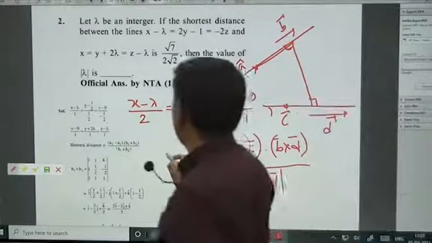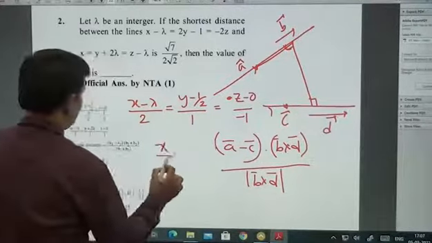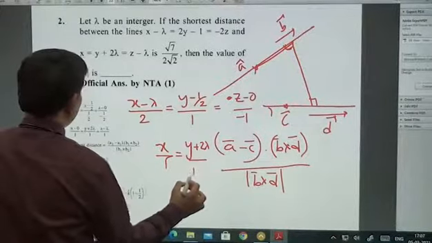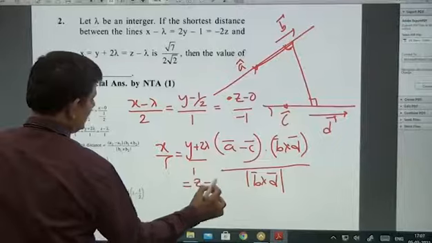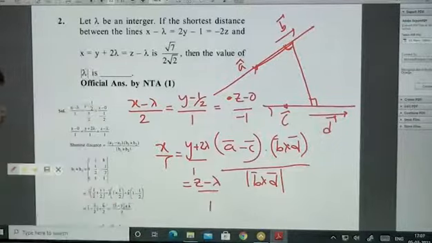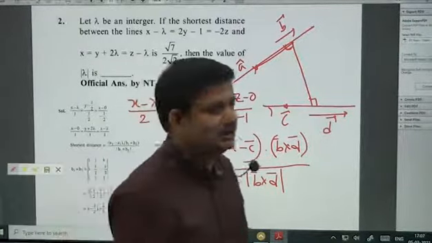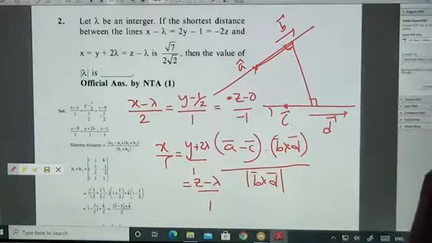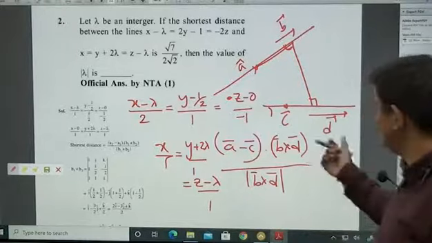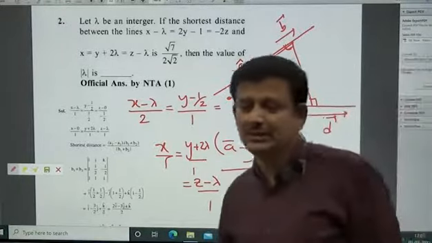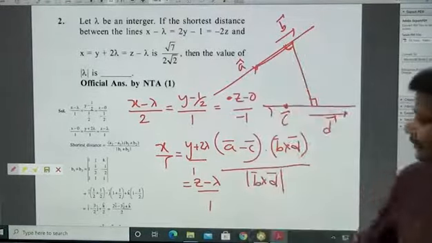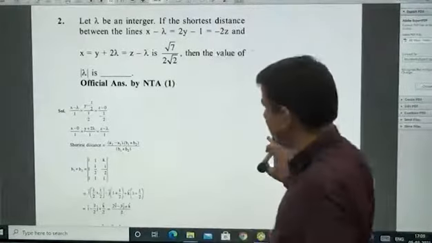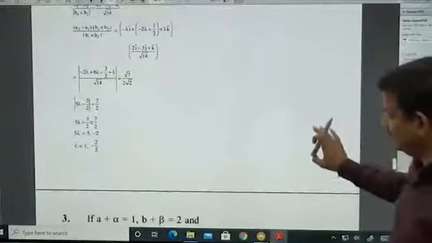It is x by 1 equal to y plus 2 lambda by 1 equal to z minus lambda by 1. So this passes through the point 0, minus 2 lambda, lambda, and the DRs are 1, 1, 1. So C bar you know, D bar you know. Find (A minus C) dot (B cross D), equate it to this, and get the answer. So shortest distance is again something which you will regularly get.